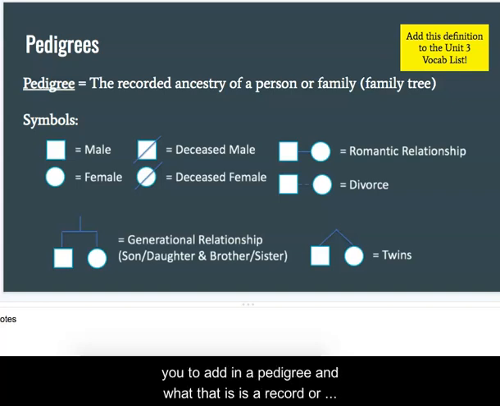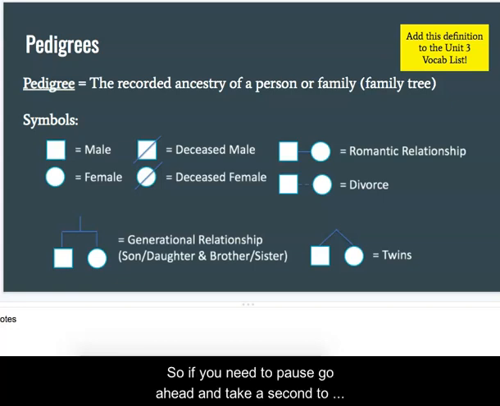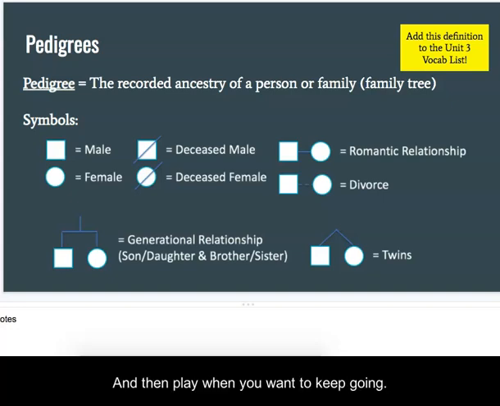A pedigree is a record or recorded ancestry of a person or a family, like a family tree. If you need to pause, take a second to write that down, and then play when you want to keep going.